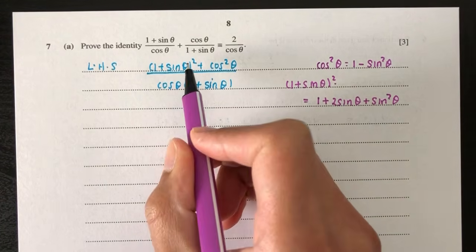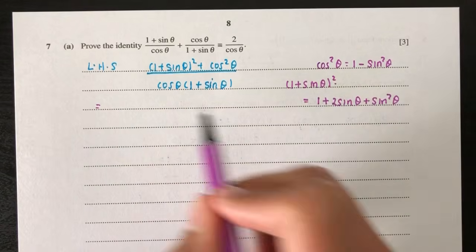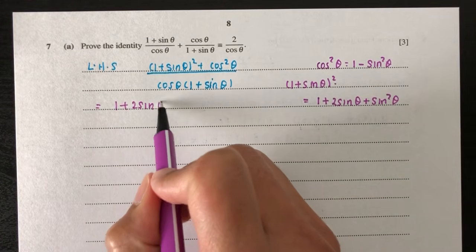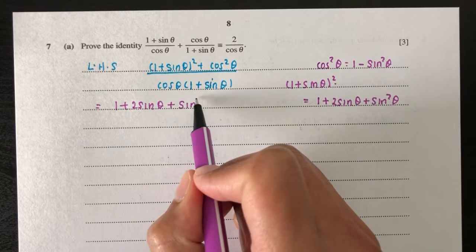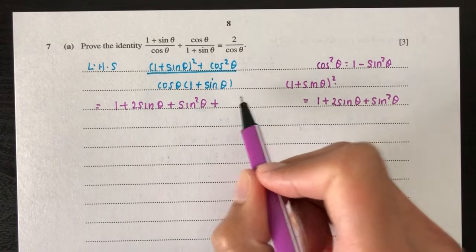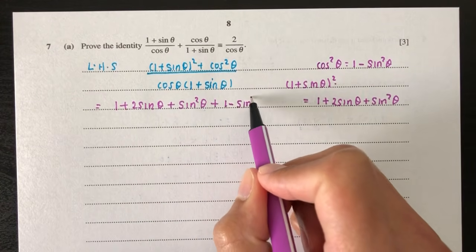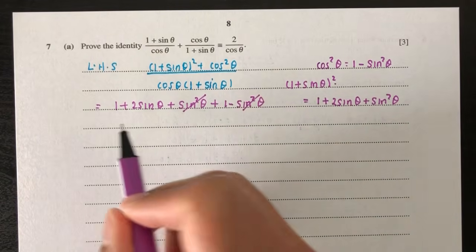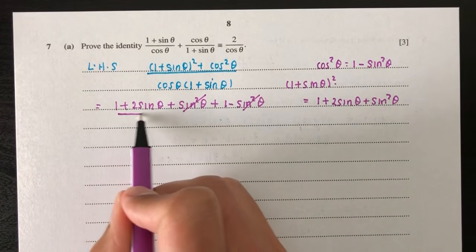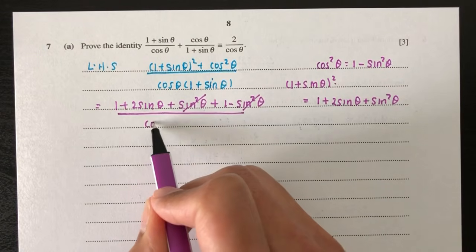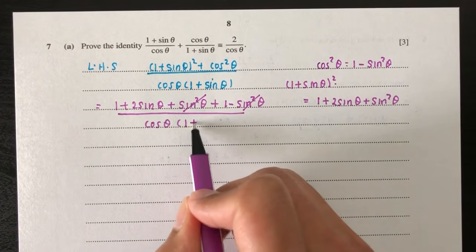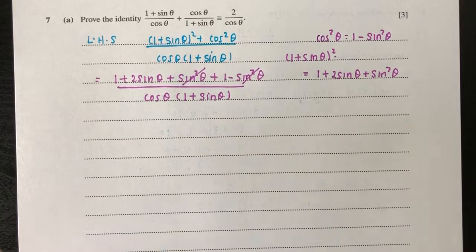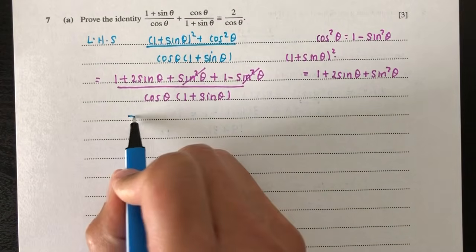So if you simplify this, on top you will have 1 plus 2 sine theta plus sine squared theta plus 1 minus sine squared theta. So these two will cancel out, and the base will remain the same, which is cos theta (1 plus sine theta), right? Now let's keep going on.